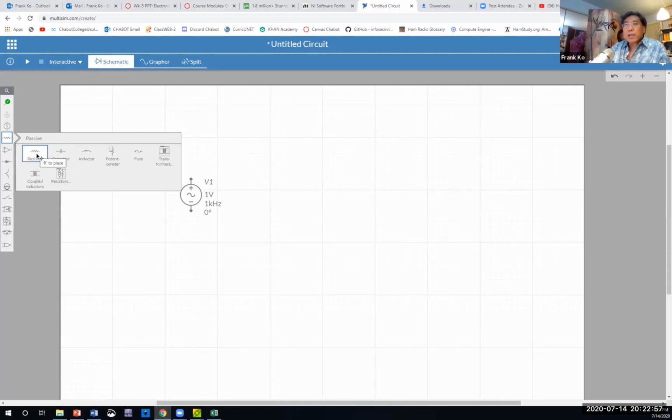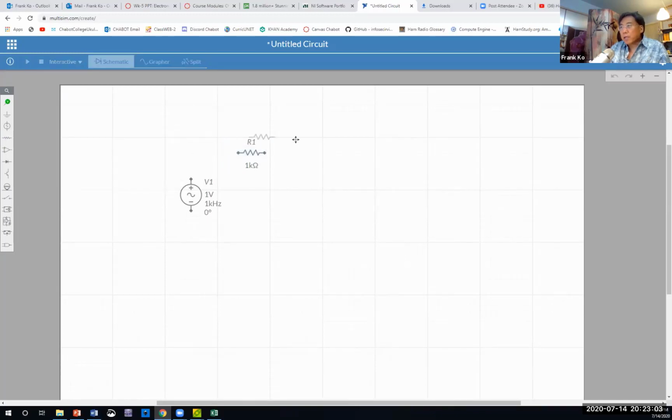So I'm going to select resistor. I'm going to click and drag and place one here. I'm going to come over to resistor, click and drag another one and place it over here. Click and drag another resistor and place it over here. And nudge this guy up or move it up. Okay, deselect.